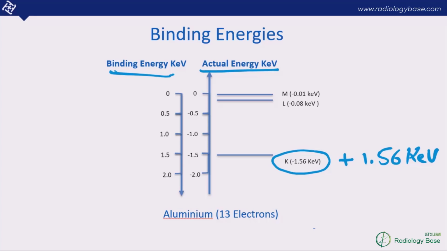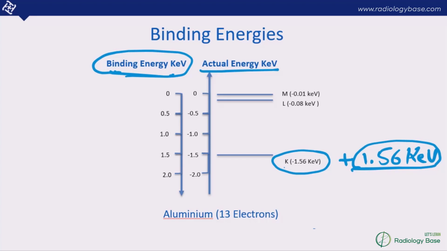So this energy which you need to give to the electron to make it a free electron and get it out of the binding force of the nucleus is known as the binding energy for that shell or for that electron.